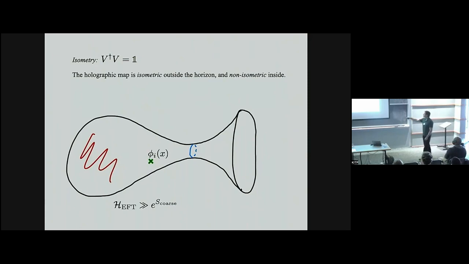So if we insert a bulk field operator inside the black hole, well, there are many different states in the effective field theory that you can put behind the horizon. And in fact, that number of states can be much bigger than e to the S, where S is the coarse-grained entropy of the black hole, or the area over 4. And it's just impossible to have a faithful map V from a big space to a smaller space. In other words, the rank of V dagger V is bounded above by e to the S coarse.